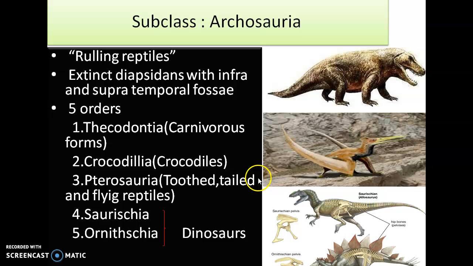Then Pterosauria, which include toothed, tailed and flying reptiles. Then dinosaurs, which are generally classified into two different orders, Saurischia and Ornithischia. So that's all about the 5 different orders of subclass Archosauria.